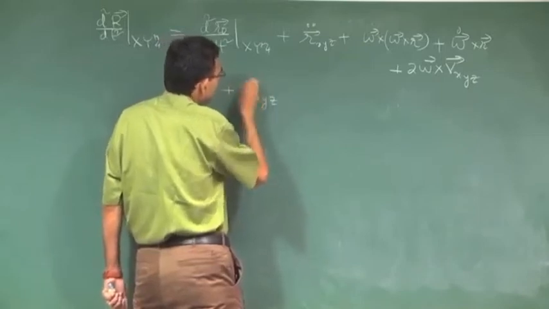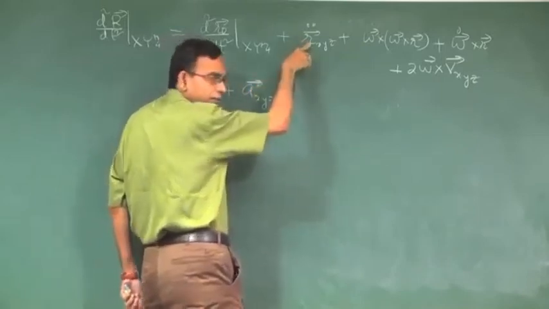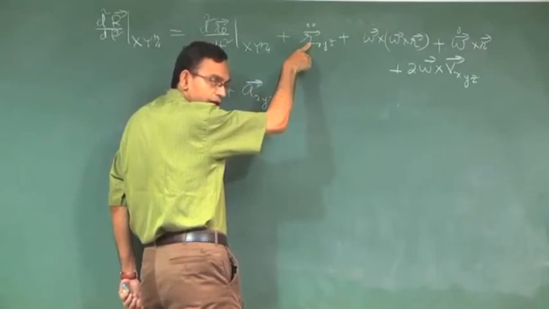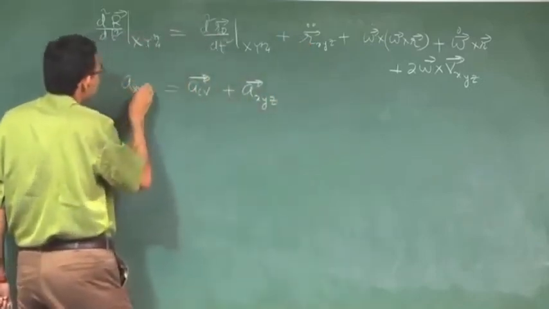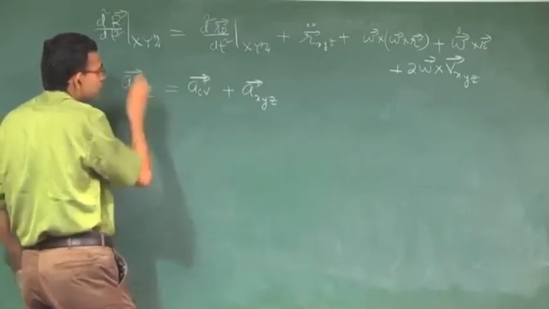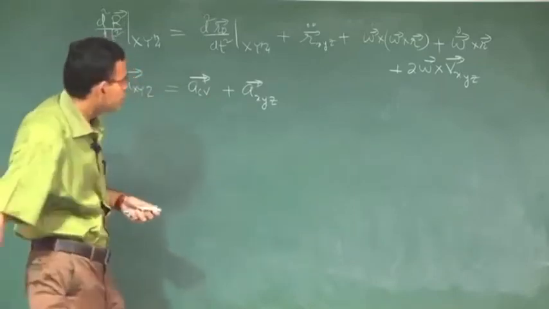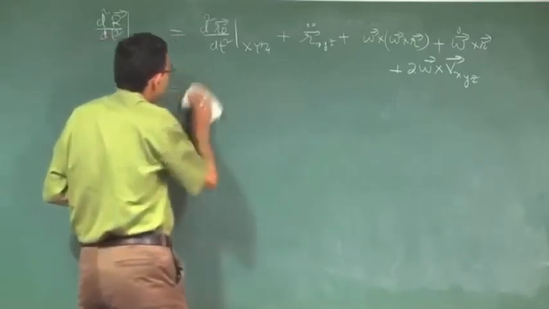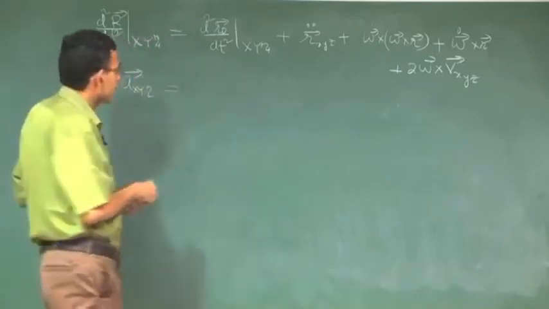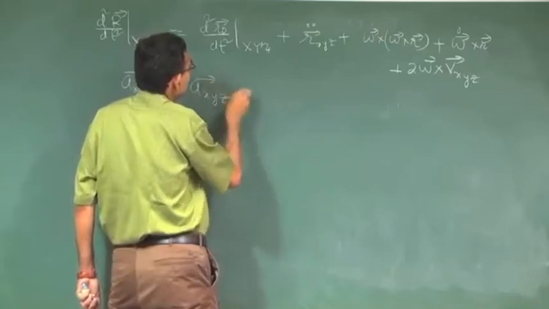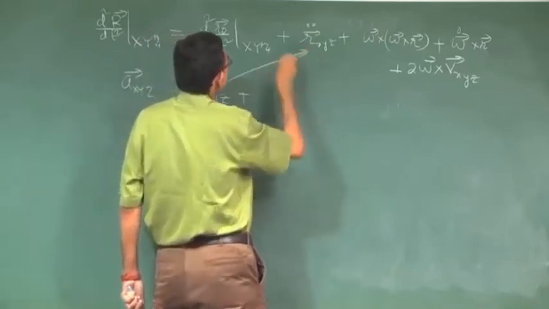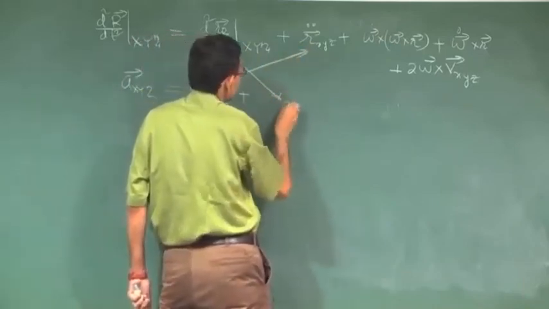This is nothing but acceleration of the point P with respect to small xyz, and this is acceleration of point P with respect to capital XYZ. So what we can do is we can write one in terms of the other. We can write just this as the first term, actually this is this one and this is this one.